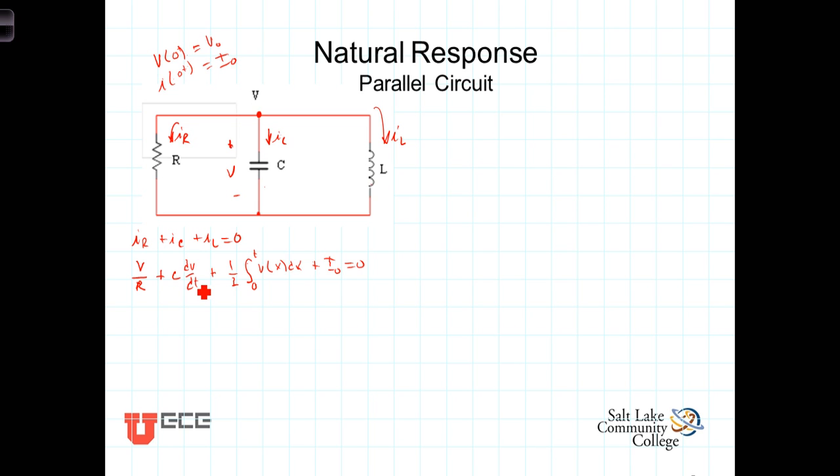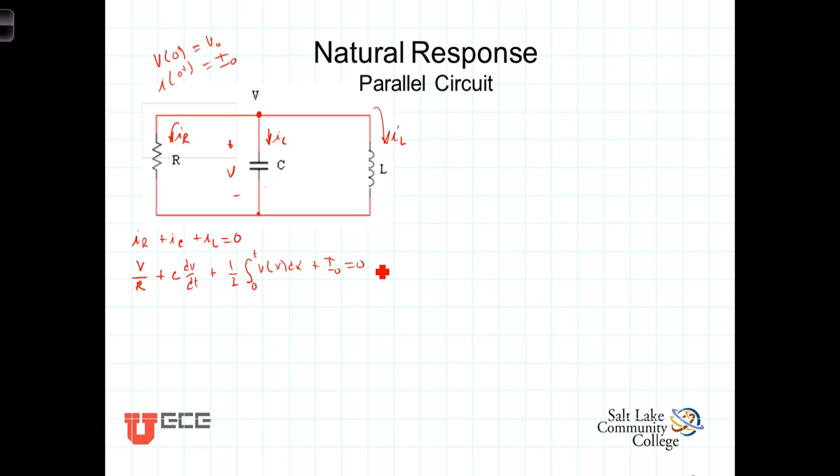Given that this is a homogeneous equation, where there is no source and so the right-hand side of the equation is 0, we can differentiate both sides of the equation one time with respect to t to eliminate the integral. As we do that, we'll rewrite this in terms of the highest order differential term and then in decreasing order of differential terms.